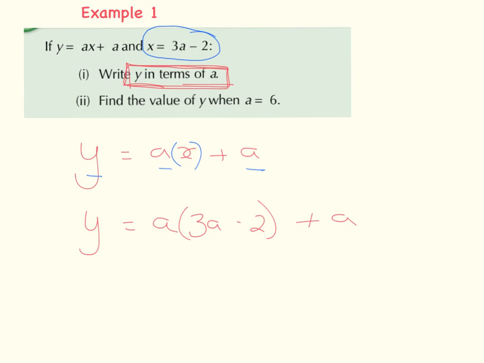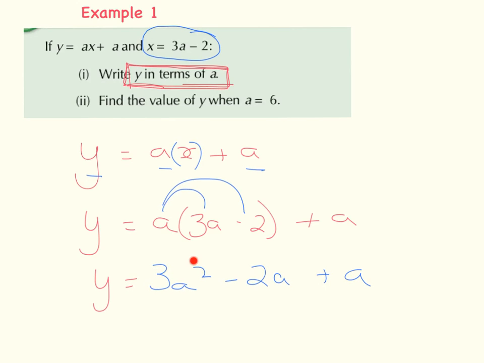So first things first here, we would work out our brackets. So I'm left with y equals a multiplied by 3a will give me 3a squared. And a multiplied by minus 2 will give me minus 2a plus a. At this point, we try and group anything that we can.